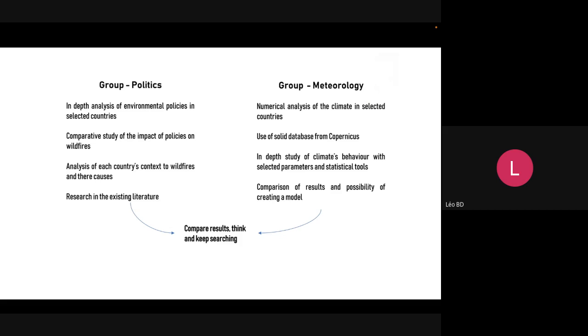And I was myself part of the meteorological group, more the numerical part, the analysis of the data. And there were other people working on the political side.